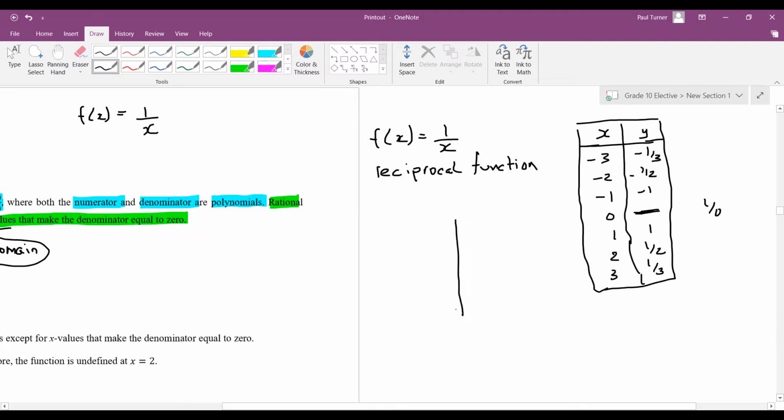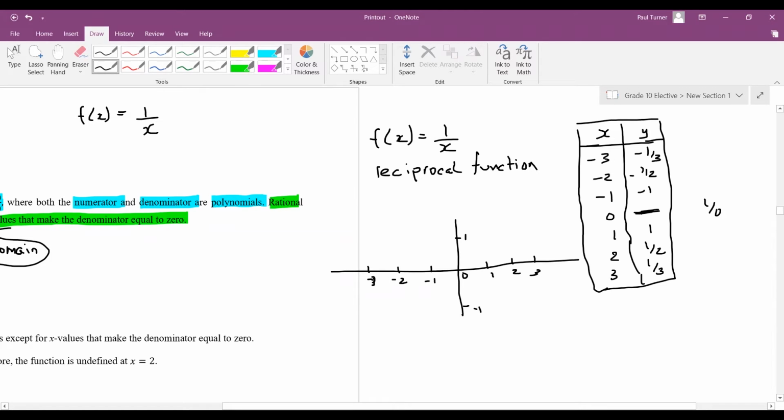So you could graph it like this. So we've got 0, 1, 2, 3, -1, -2, -3. And then we put the y value. So -3 is -1/3. Imagine that's 1 here. That's -1.